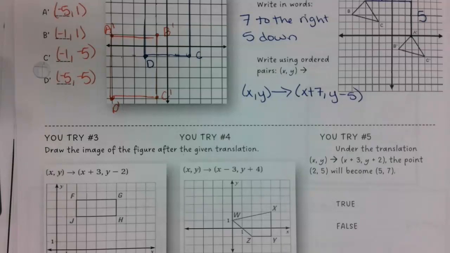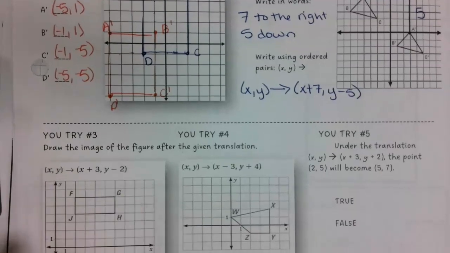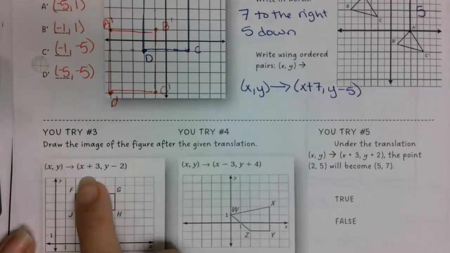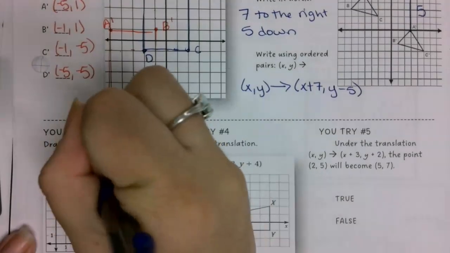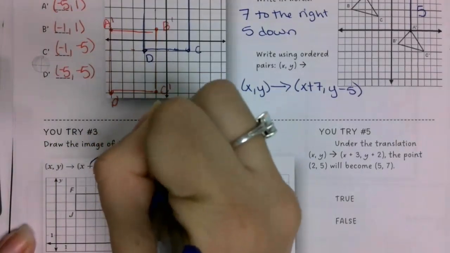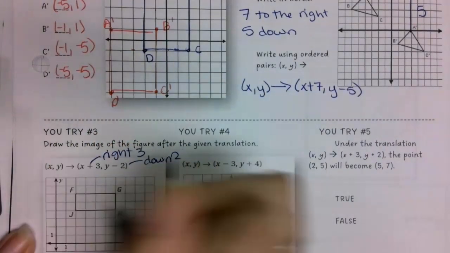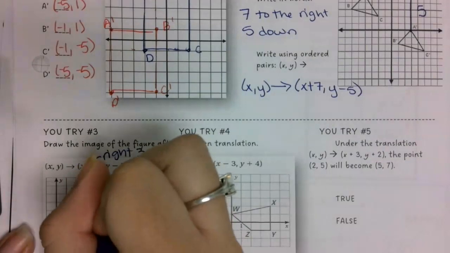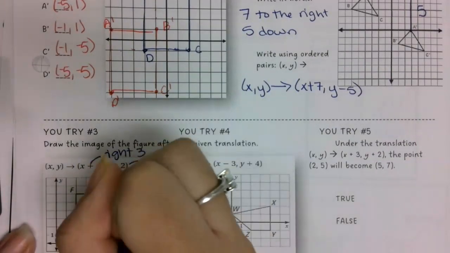These next ones want me to draw the image after the translation. The translation is given up top. So first, this one's telling me to go right 3, down 2. So each of these points I'm going to go to the right 3: 1, 2, 3, and then down 2.